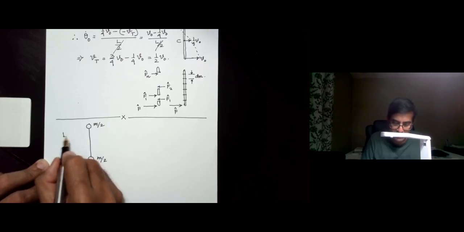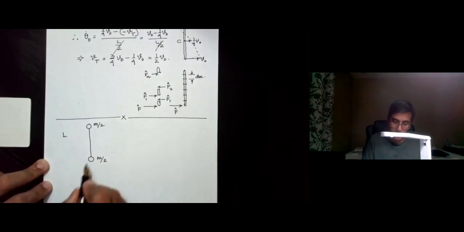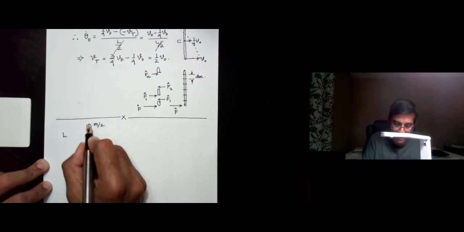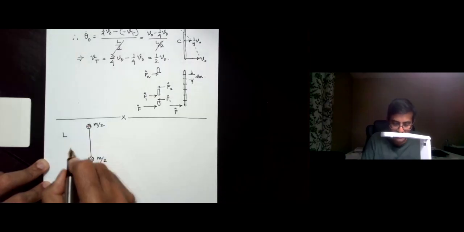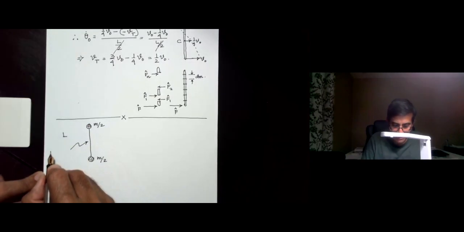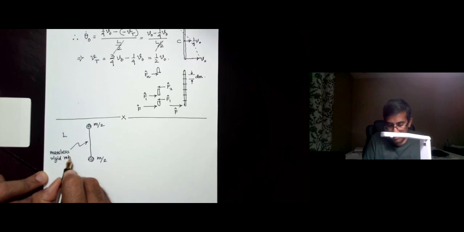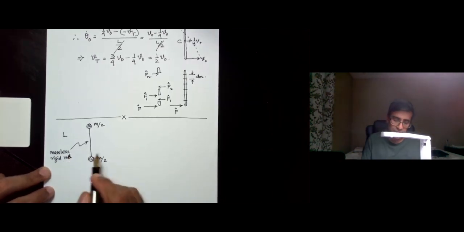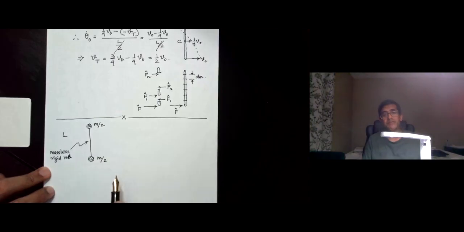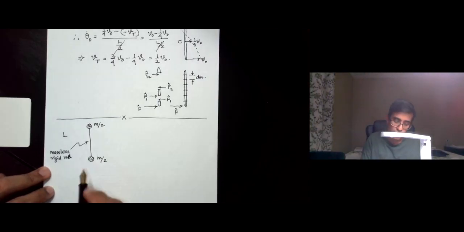So the length is still L. We have two lumped masses, and this is a massless rigid rod. So it's the same scenario, with the exception that we have a massless rigid rod that connects the two lumped masses. The overall mass and the length are the same.